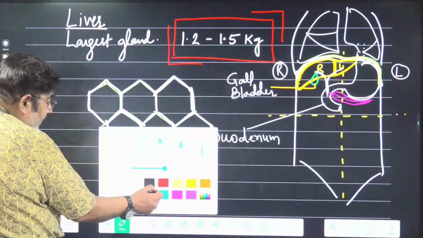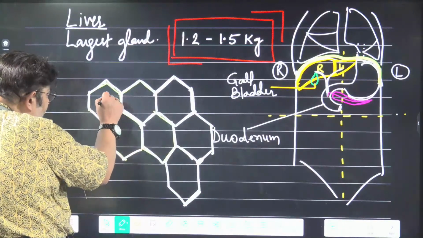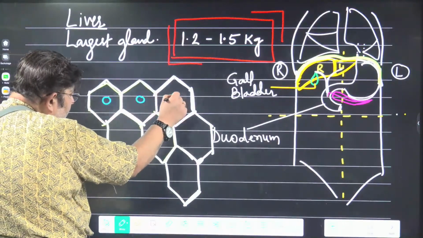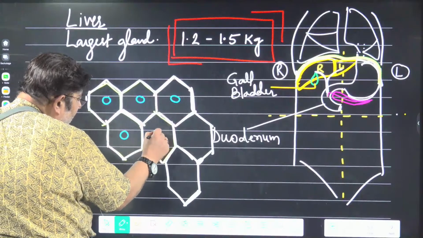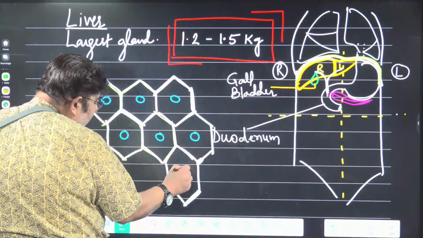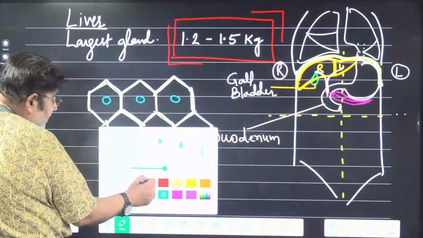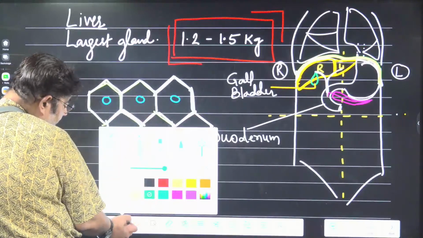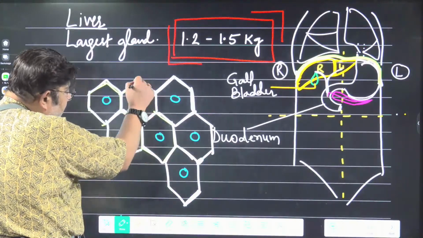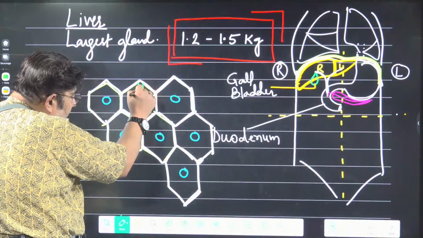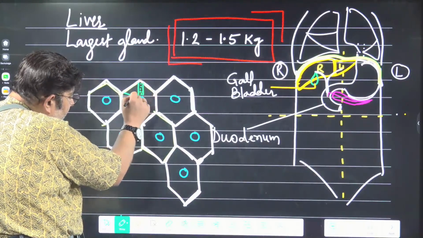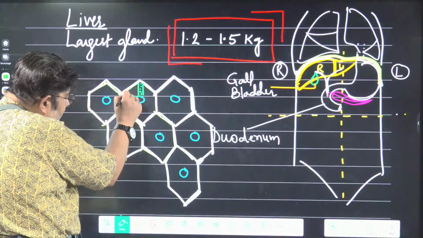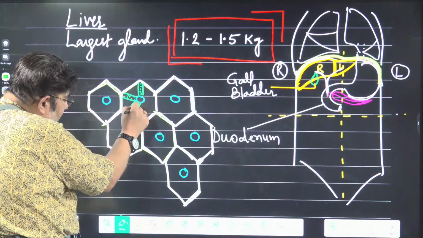So far, are the points clear? There is a central vein in each lobule, and all around it cells can be found. The cells of the liver are arranged in thick rows.